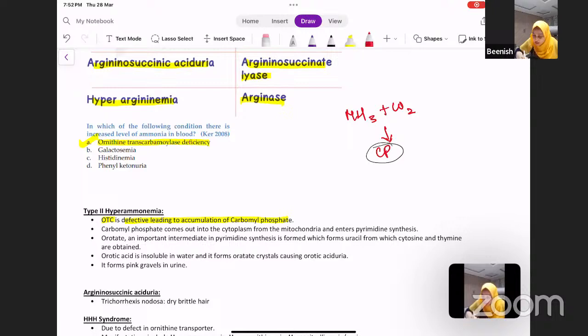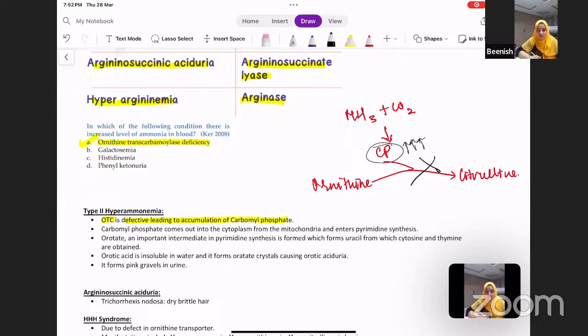Now your carbamoyl phosphate was supposed to combine with ornithine to form citrulline. But this is not taking place. So the block is at this level, and carbamoyl phosphate accumulates since it cannot combine with ornithine to form citrulline. And this was taking place in the mitochondria.